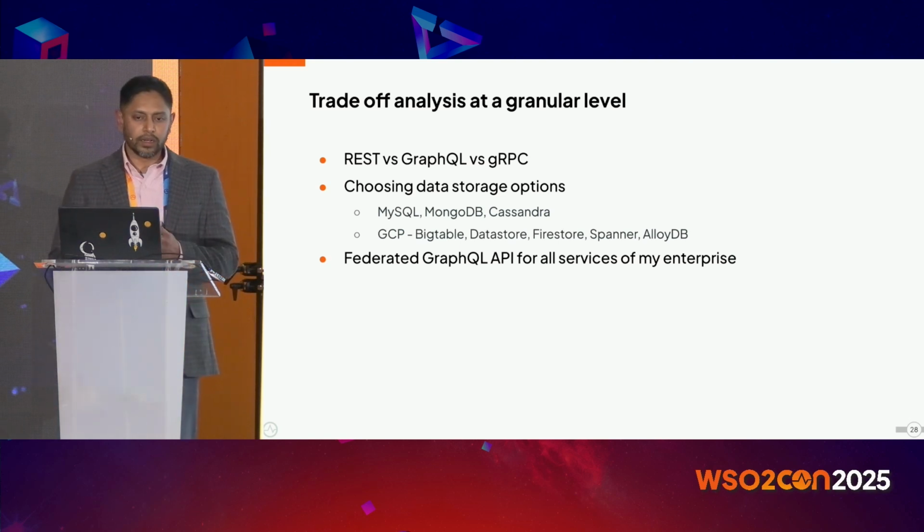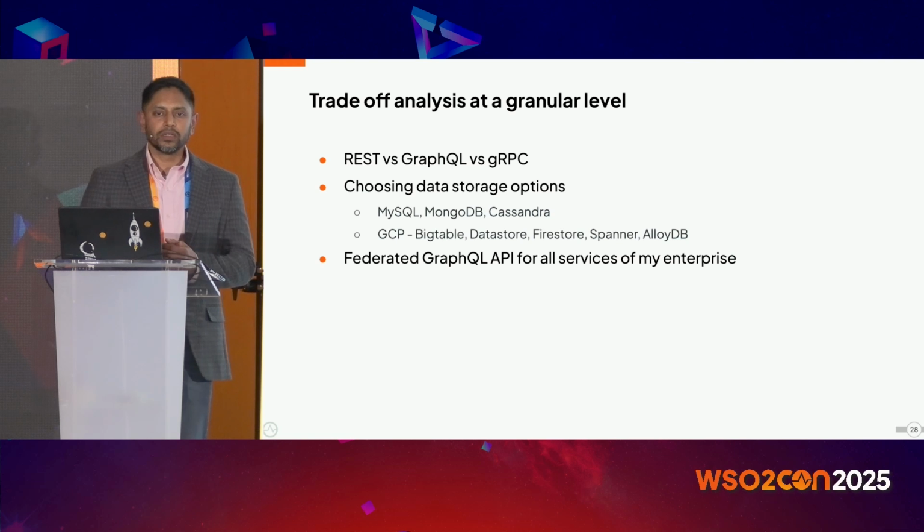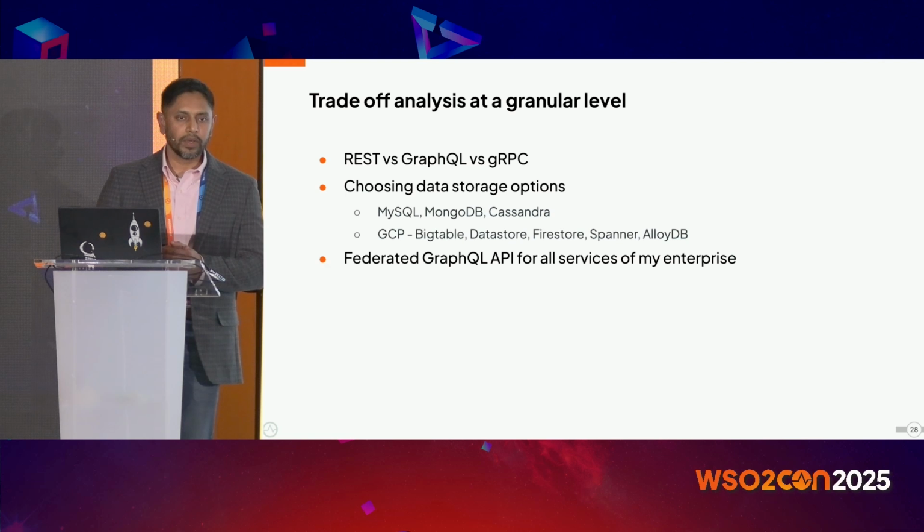Another trade-off is at the technology choice or technology selection level, at a more granular level. What technologies, or type of technologies, should you use? Whether you should use REST APIs for your scenario, whether you should use GraphQL, or gRPC.